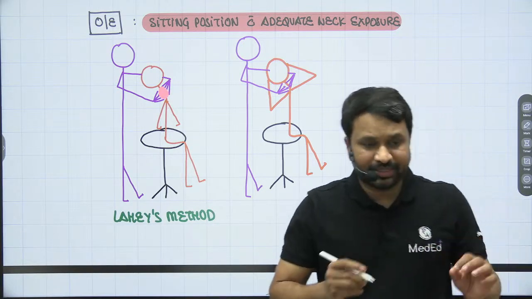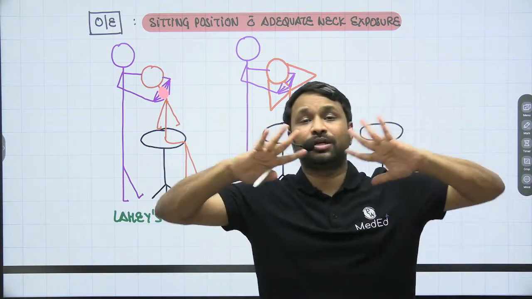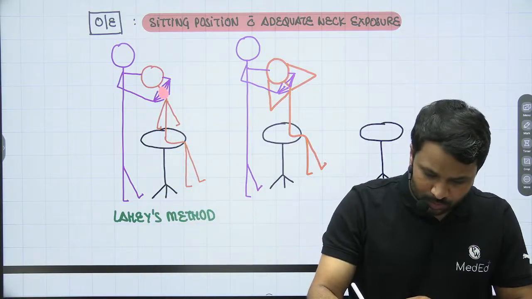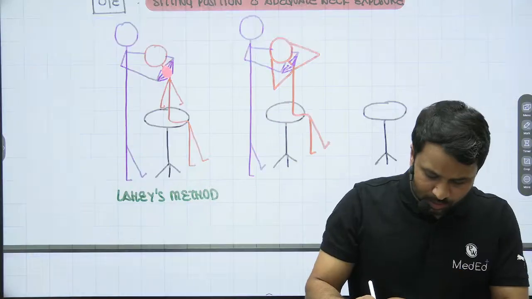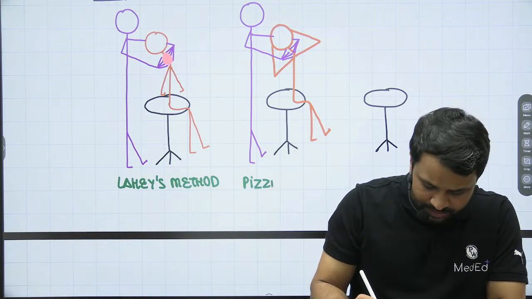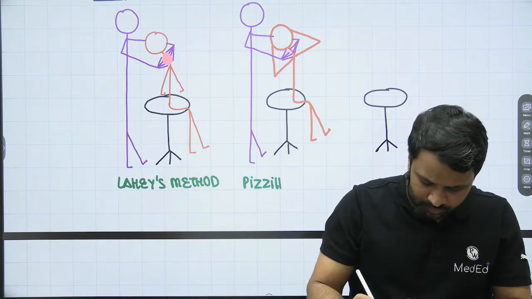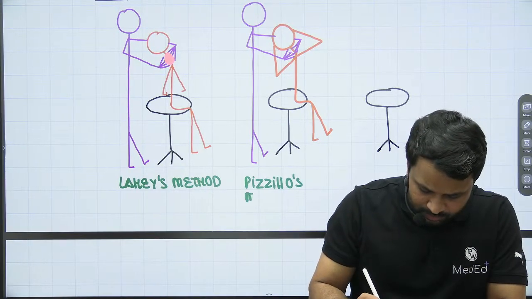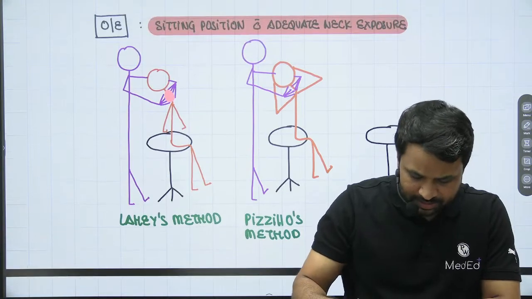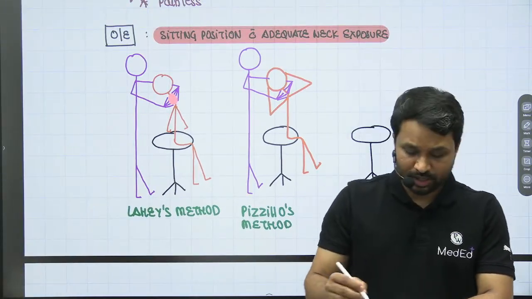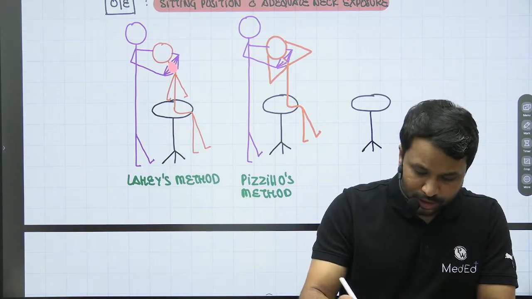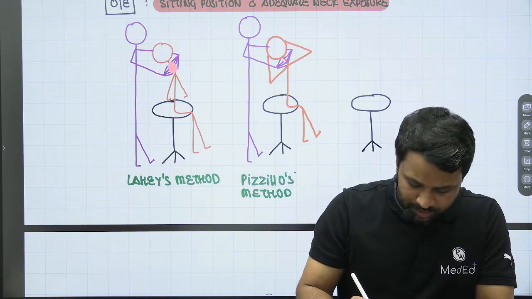Right? Now this method where you're asking the patient to clasp the fingers behind the head and throwing the head, this is what we call the Pizzillo's method of thyroid examination. Now, the important thing about the Pizzillo's method is that it is done for patients who have a short, stout and obese neck.